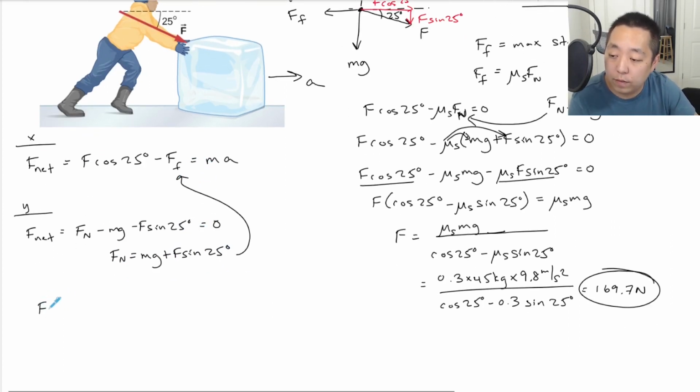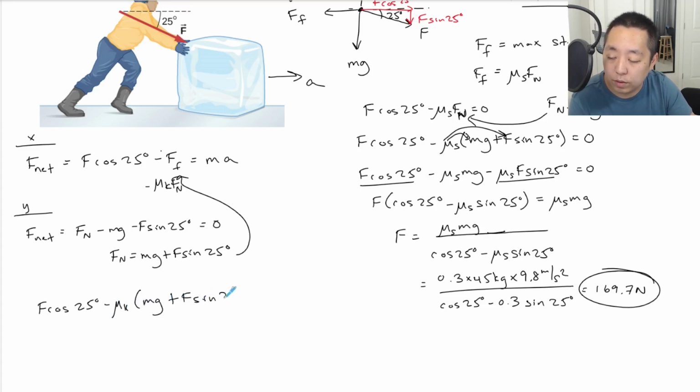And we get F cosine 25 degrees minus, this force of friction is now mu k times the normal force, because it's kinetic friction. So minus mu k times mg plus F sine 25 degrees. I'm not going to simplify this too much, because all I have to do to solve for the acceleration is divide by m. So I'm just going to plug in all the numbers.